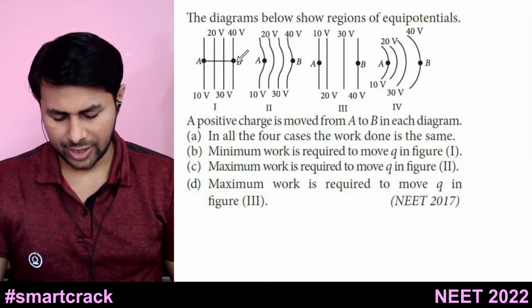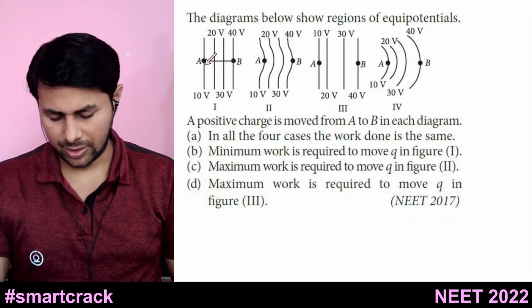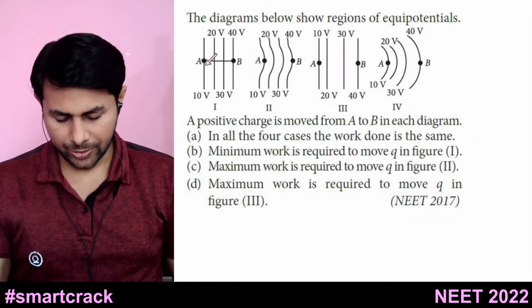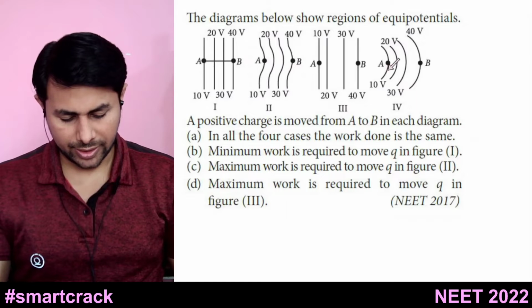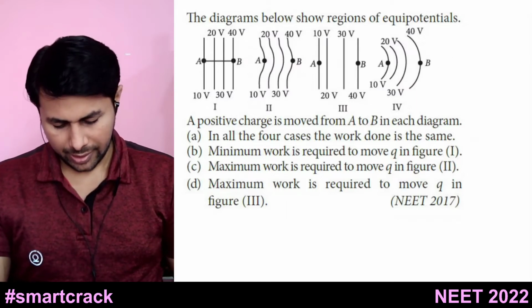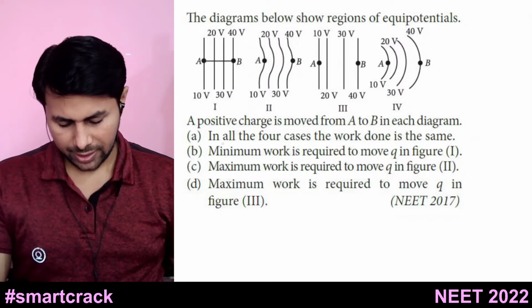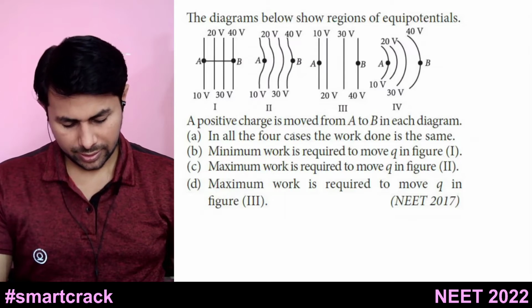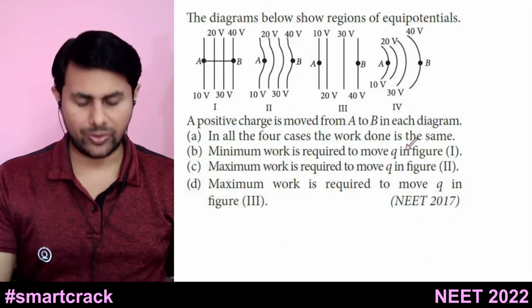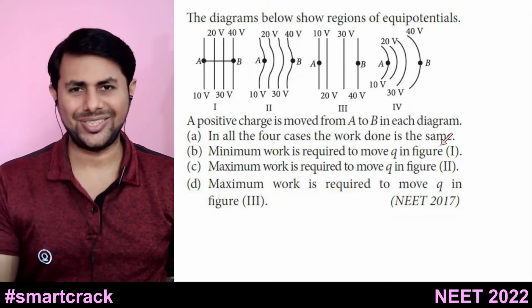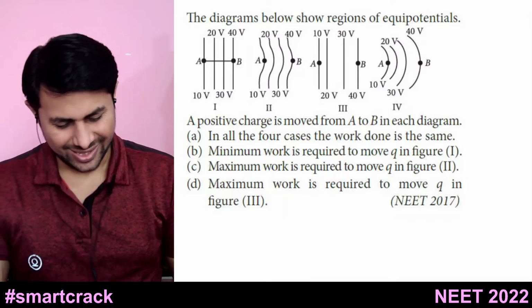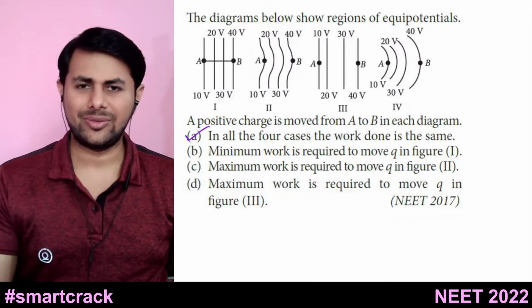So you are moving a charge from the 10 volt potential to the 40 volt potential in each diagram. Then the options are: in all the four cases the work done is same. Yeah, this is the answer, right? In all the four cases the work done is same.